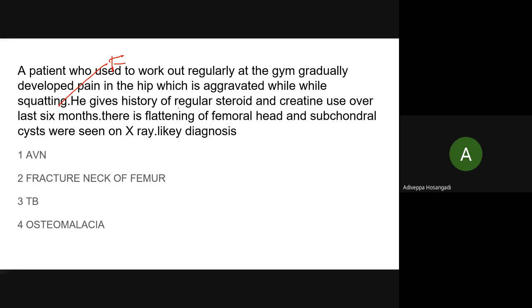He gives a history of regular steroid and creatine use, because they are muscle building drugs, which are banned and not supposed to be used by gym goers, but because of the competition they use them. So he is a gym goer, steroid abuse, there is a flattening of the femoral head, and a subchondral collapse seen on the X-ray.